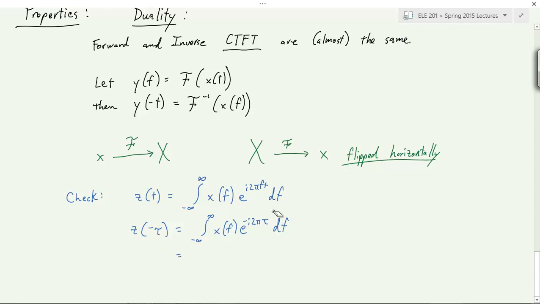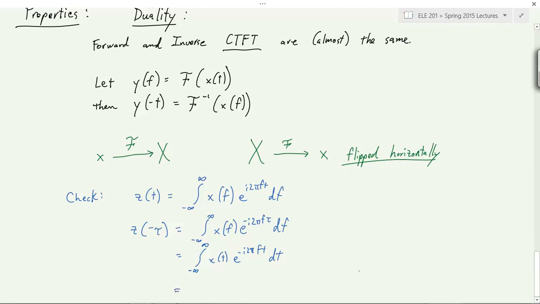We're integrating with respect to f. Let's make that a t. There's no other t's in this formula now, so the integral of x of t e to the negative i 2 pi f t dt, and now we see that's the forward Fourier transform equation. We started with the inverse, and now we turned it into a forward Fourier transform, right?